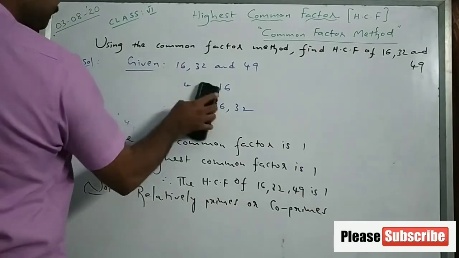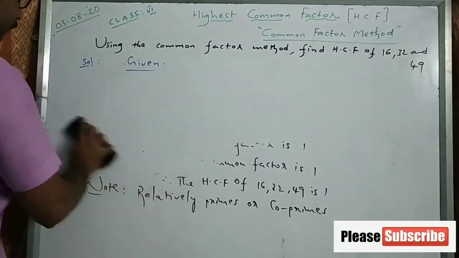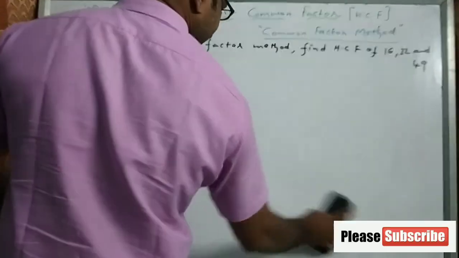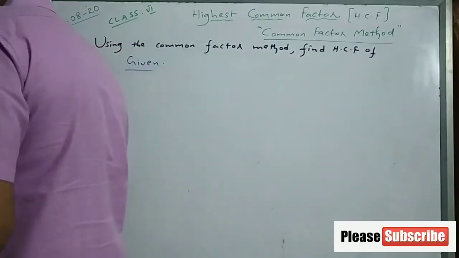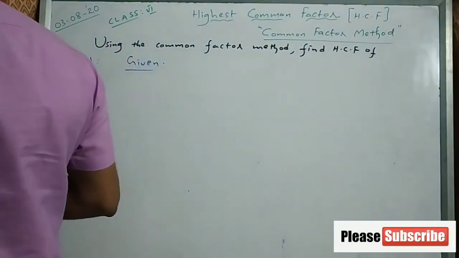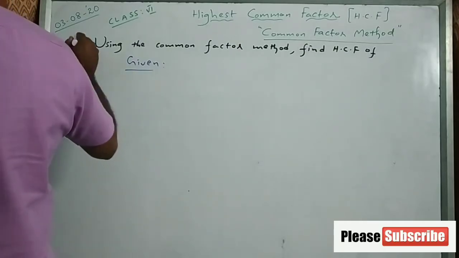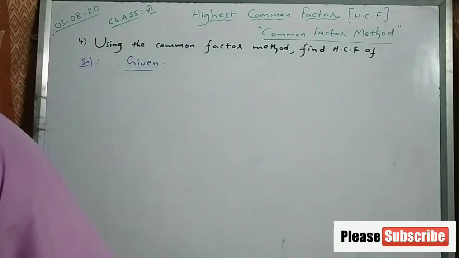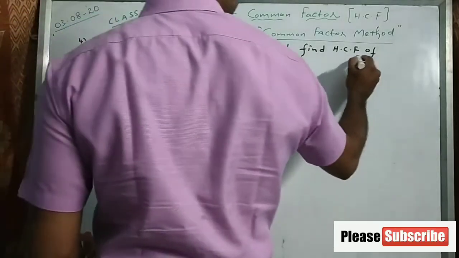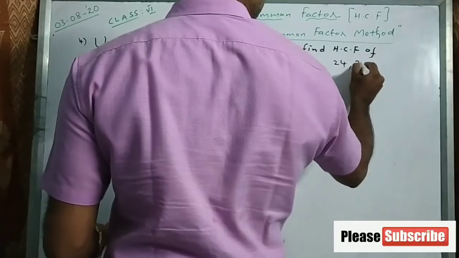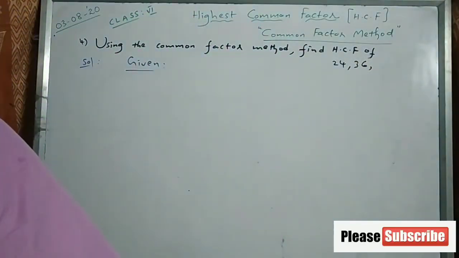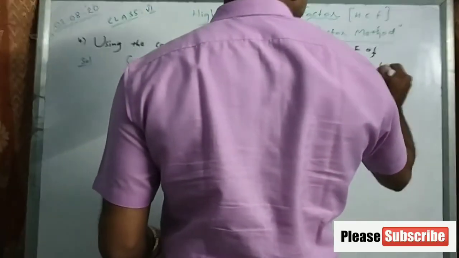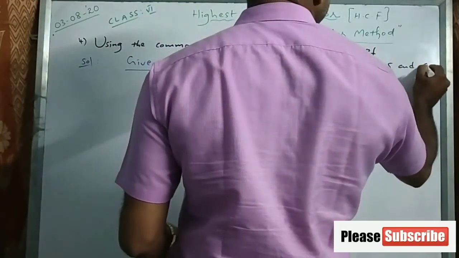Fourth question. 24, 36, 45 and 60. Four numbers are given.